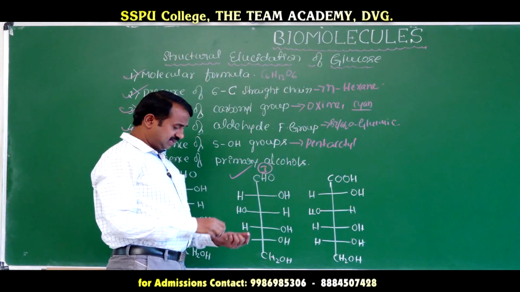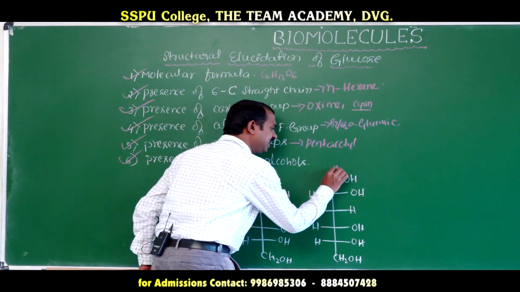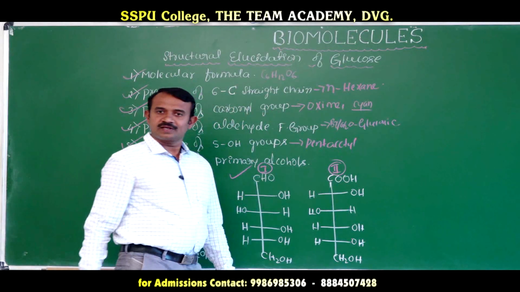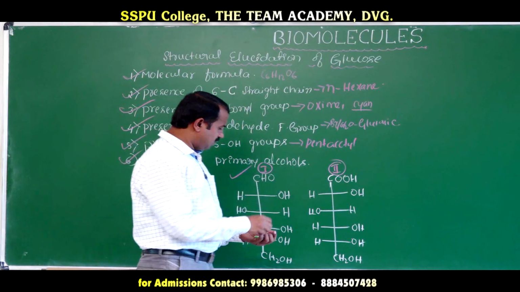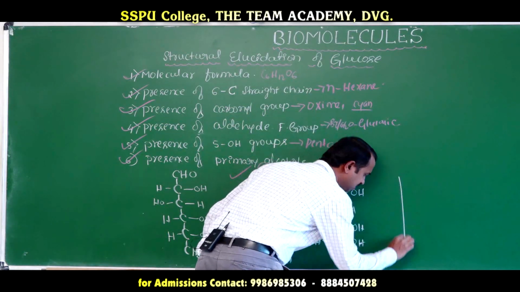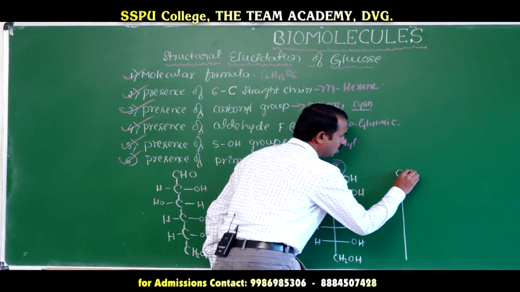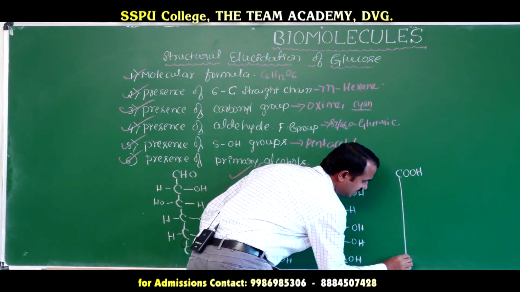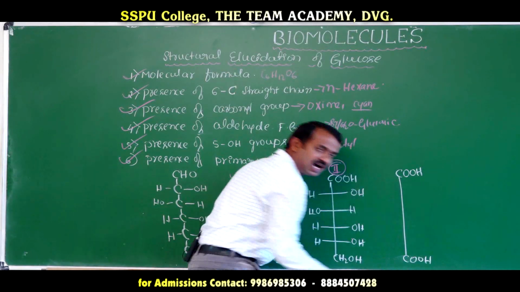This is the second one, gluconic acid. The third one is saccharic acid, which has carboxylic acid here and also carboxylic acid at the other end.